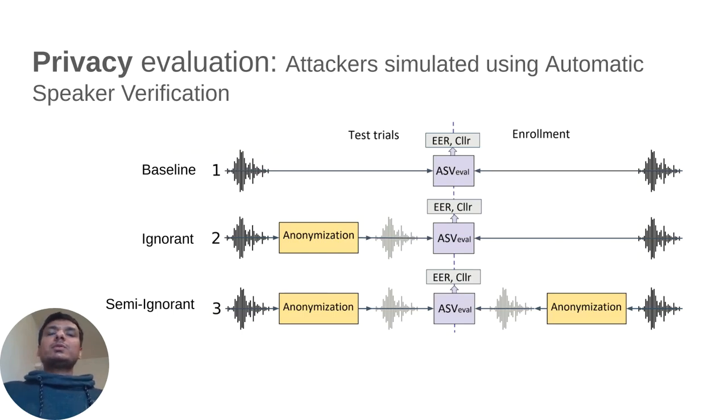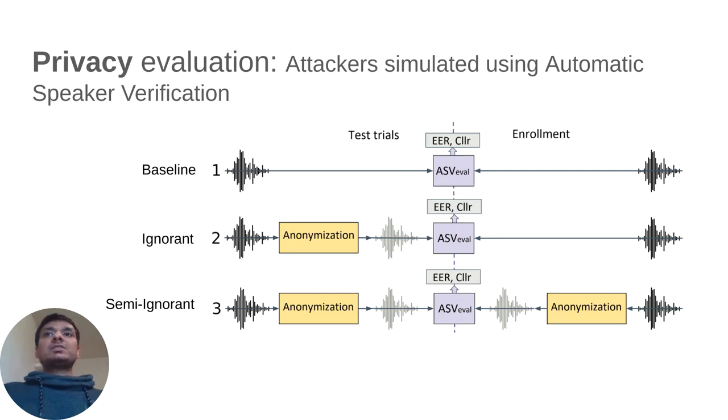Now, to answer the third question, how do we ascertain whether these design choices actually perform well in terms of privacy as well as utility? First, let us look at the privacy evaluation. We adopt the attacker's model to evaluate the privacy, according to which the attacker possesses certain enrollment data and also knows the speaker's identity in the enrollment set.